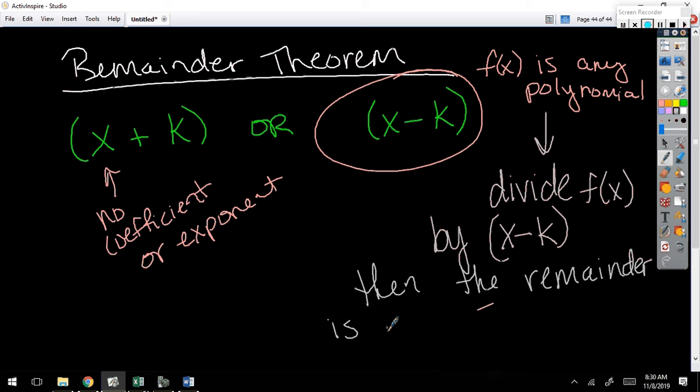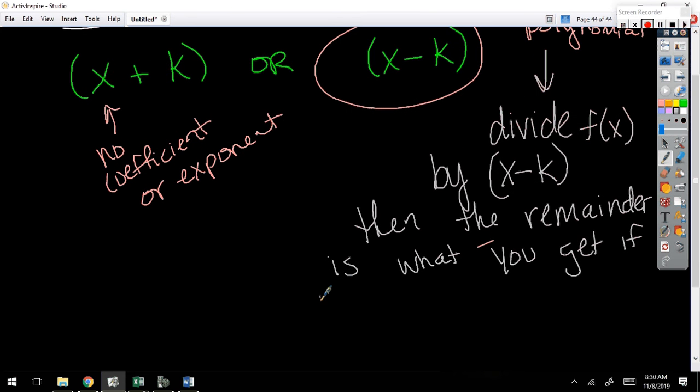If you divide f of x by x minus k, then the remainder is what you get if you plug in k for x. Okay, and I'll show you an example of exactly what I'm talking about.